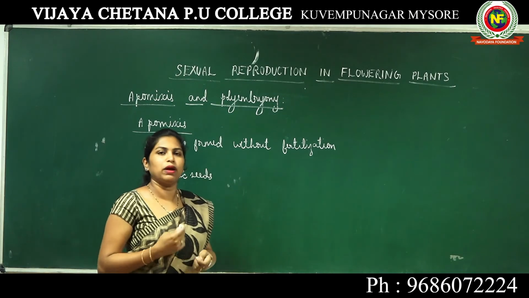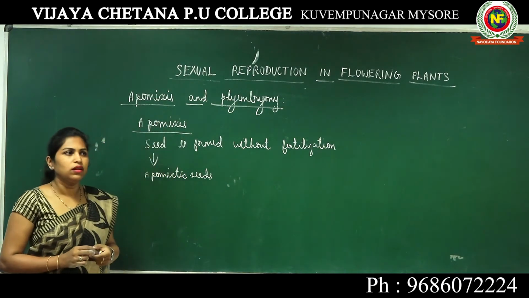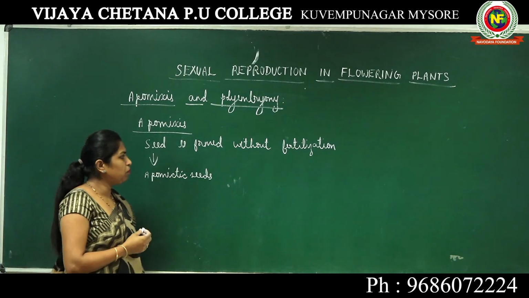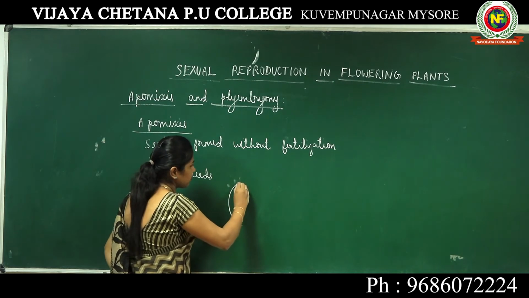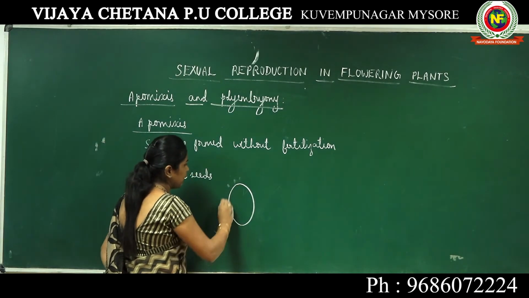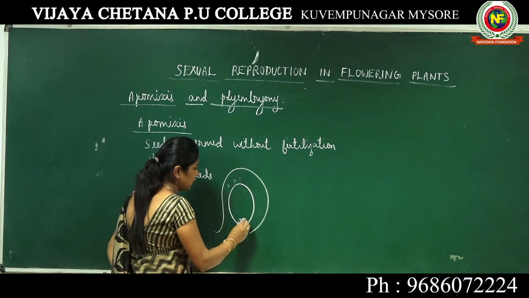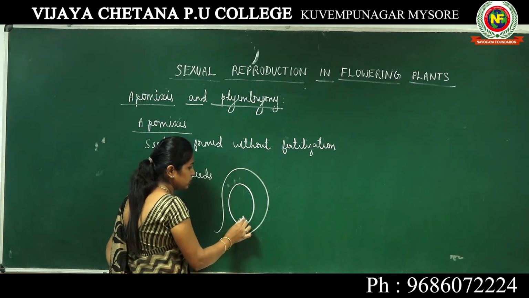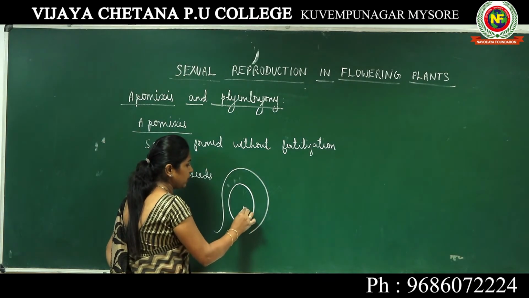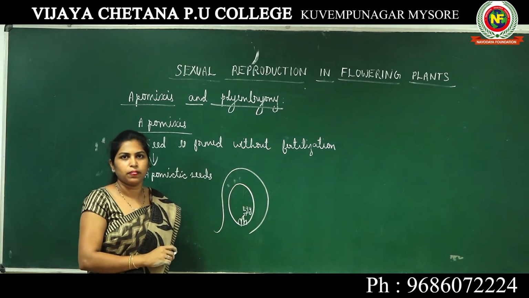What might be the reason for this apomixis? One important reason is, you all know that inside the embryo sac, inside this ovule, we will have this cell which is known as egg, which is actually a female gamete.